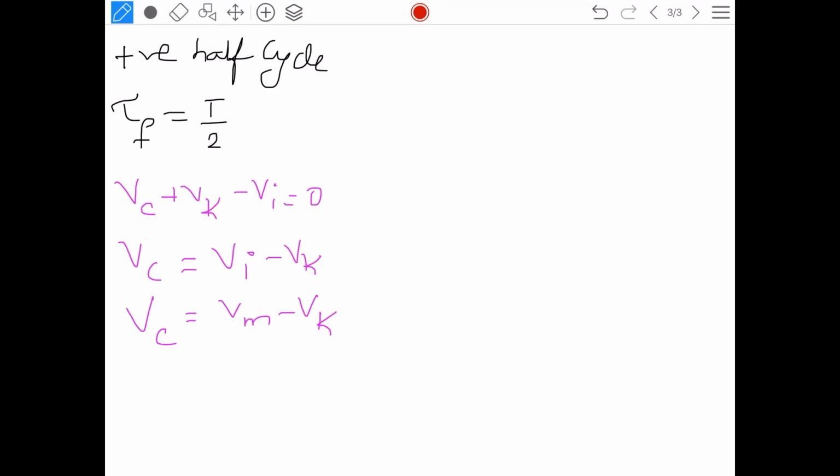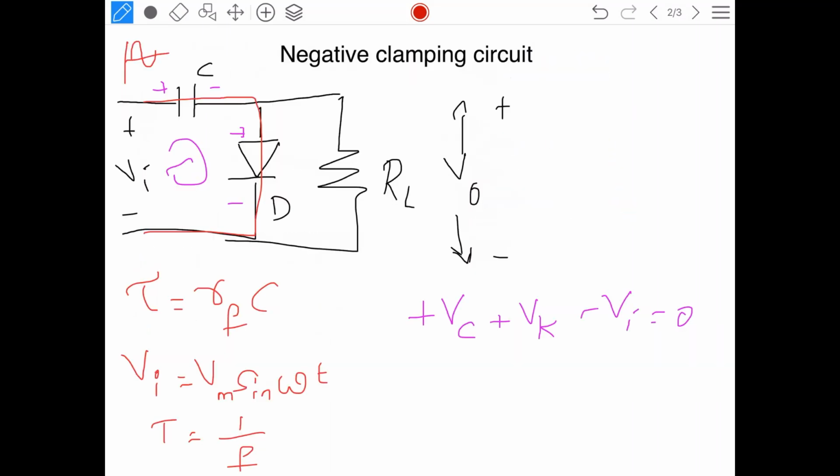Now, during the negative half cycle, what happens? The diode is off, correct. So that means my capacitance can't continue charging. So, what it will do, it will instead try discharging. The diode is off, so the capacitance starts to discharge through the resistance.